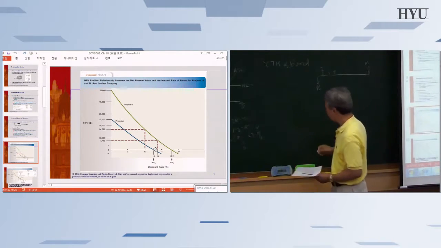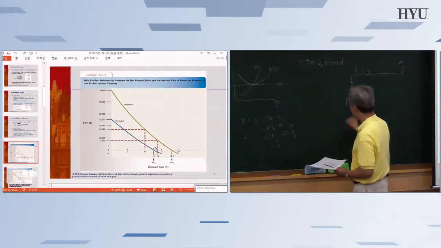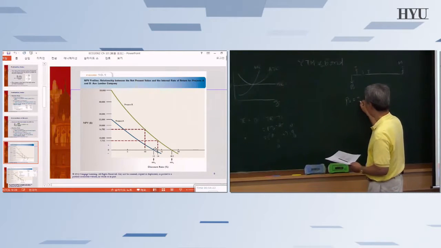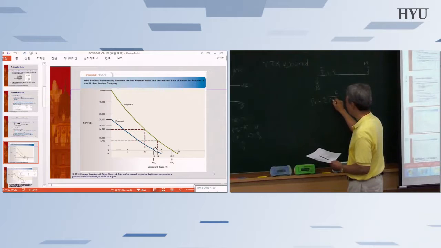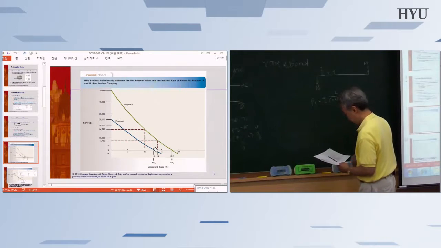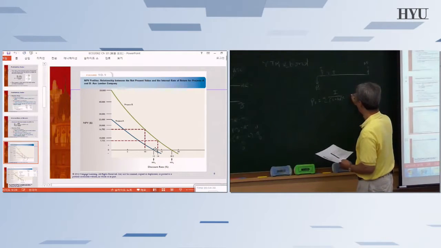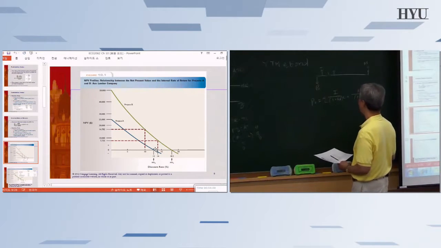So for P0, we could use this formula: the summation of interest payment discounted by 1 plus KD to the power T, plus M divided by 1 plus KD, yeah, the same.